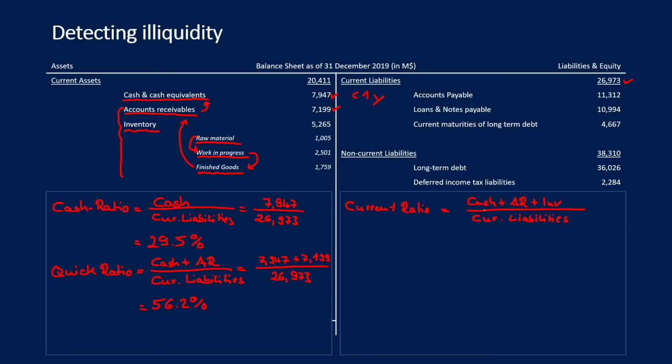But if we take a look, what is cash plus accounts receivables plus inventory? These three items together are current assets. So this is exactly the same as if I write current assets divided by current liabilities.